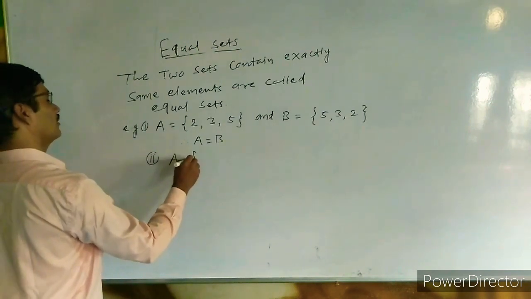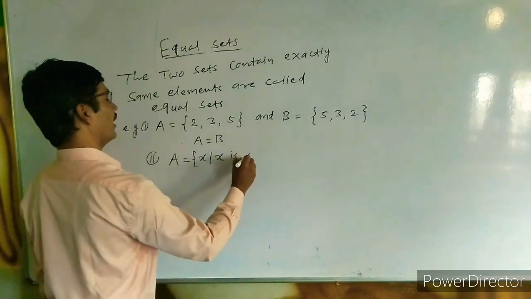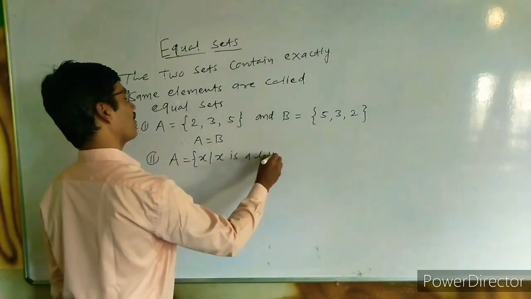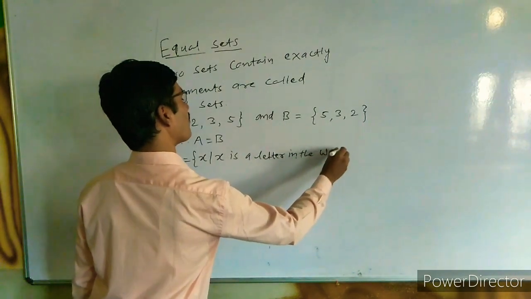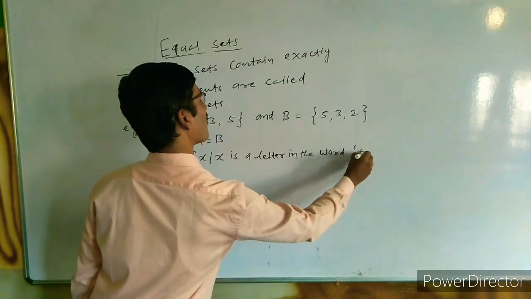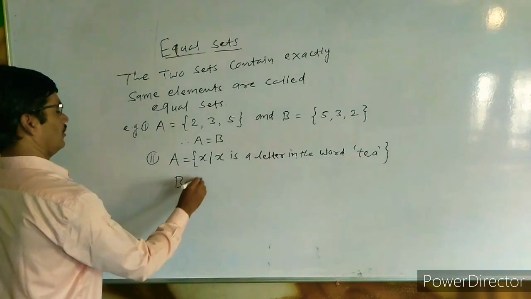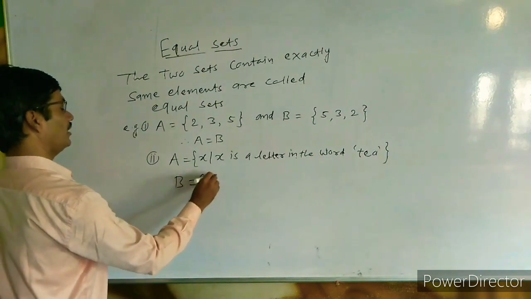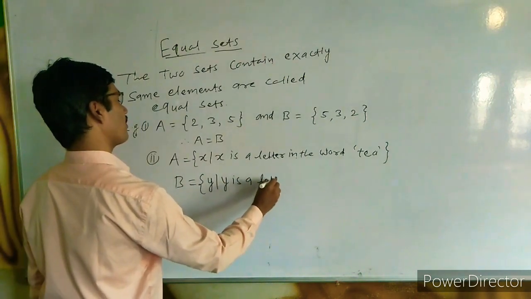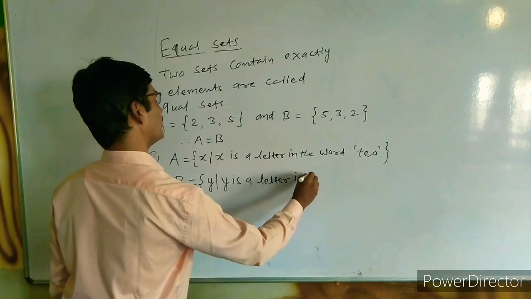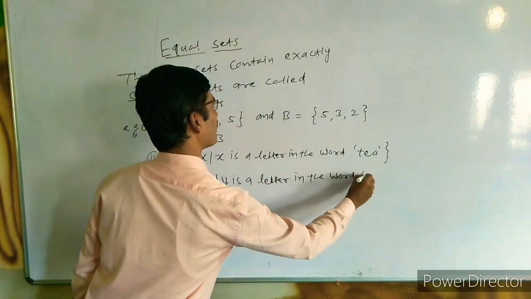A is the set of all x such that x is a letter in the word TEA. B is the set of all y such that y is a letter in the word EAT.